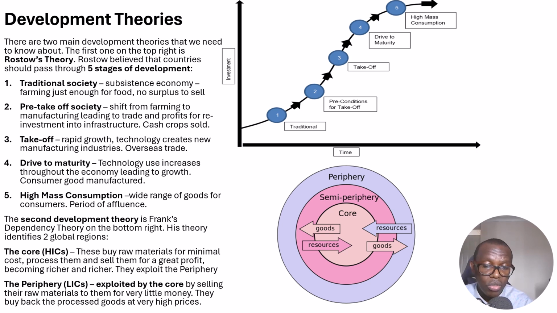Now, because they do that, they are actually exploiting the periphery, because the periphery is selling those raw materials at a very low cost. But then once they are manufactured, they are buying them back at a very high cost. So his theory suggests that the core exploits the periphery.